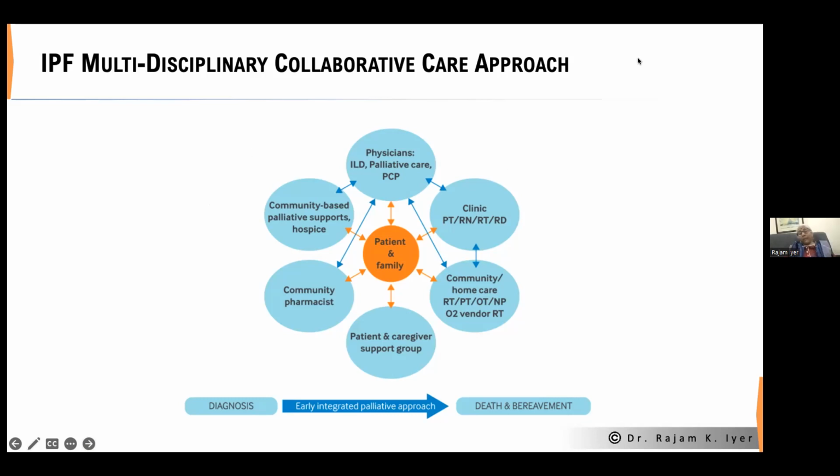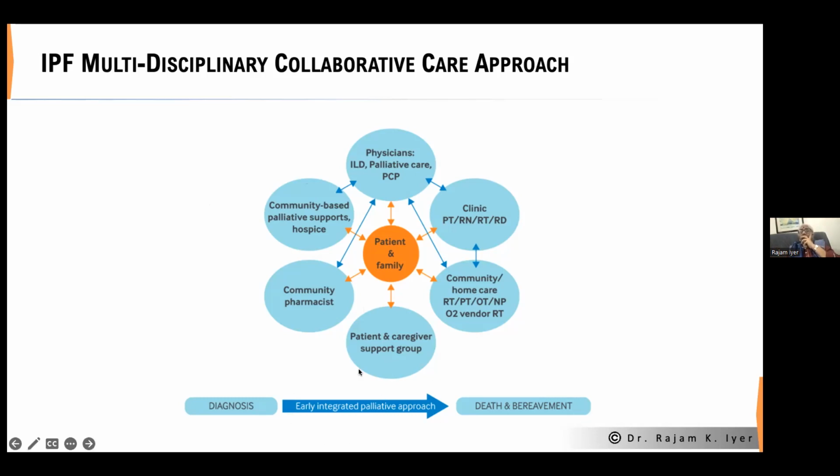So in IPF, this is the dream interdisciplinary care we would like for our patients, where the patient and the family are in the center. You have pulmonologists, palliative care physicians, the palliative care team, and people who can go to their house, respiratory nurses who can go to their house, and they need an oxygen concentrator, they need BiPAP, all that, and also the pharmacist who helps them in supplying medicines, especially morphine.